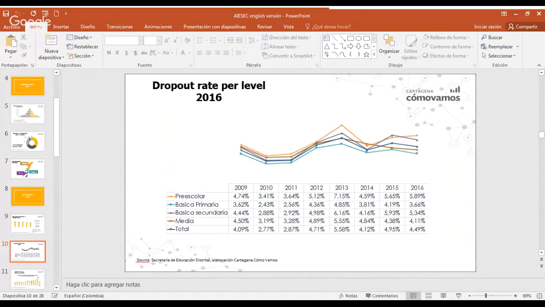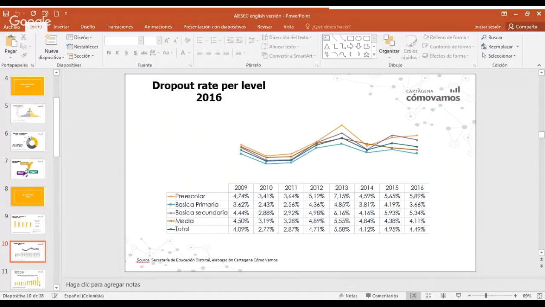And if we talk about dropout rate per level, we can see that the lowest dropout rates are in primary education, and the highest dropout rate is in preschool. This result could be attributed to the fact that some household parents don't send their children to school because both of them are working or because the school is very far from their home.